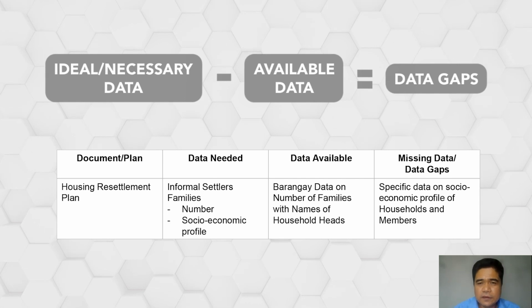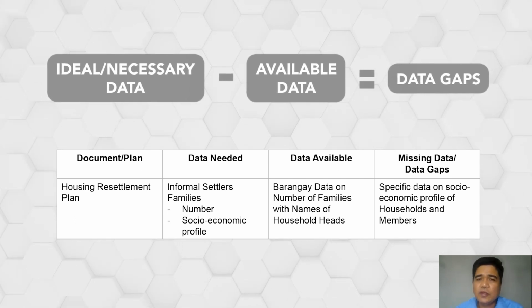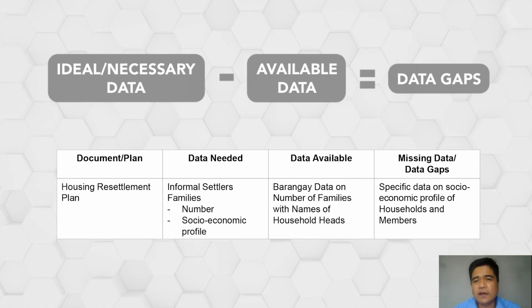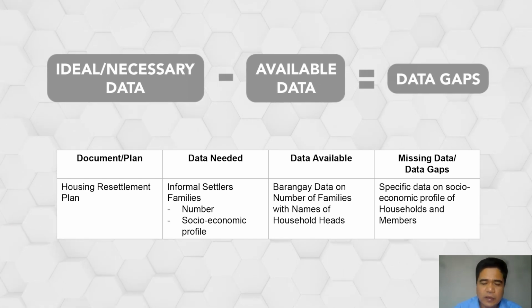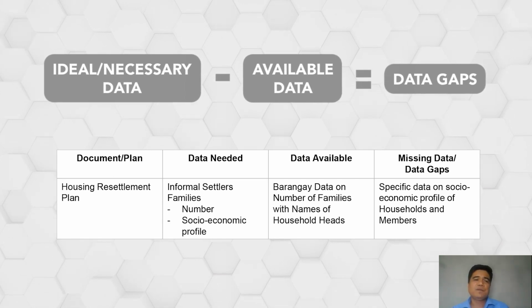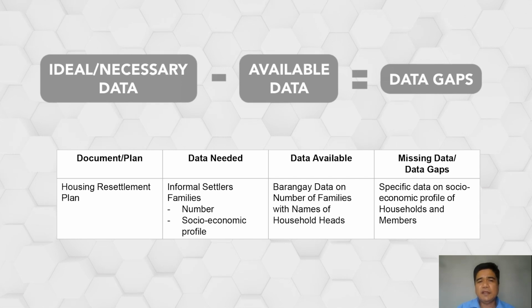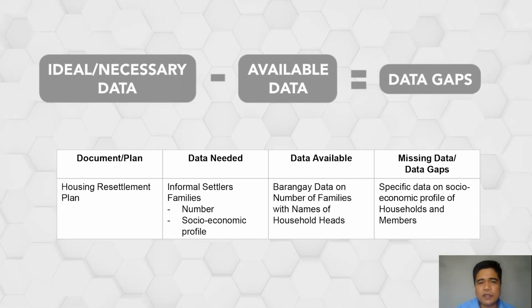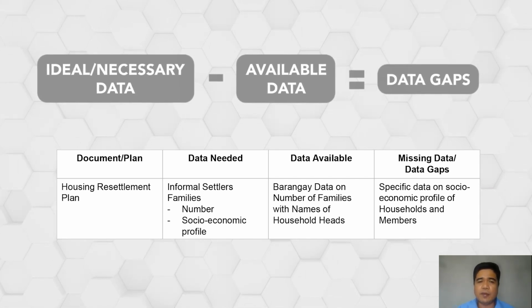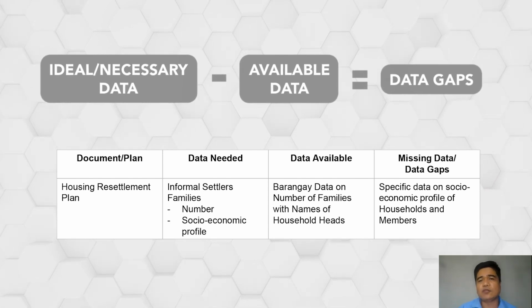And then we go back to our inventory. We provide what data are available. And then we list the missing data or data gaps. For example, in a housing resettlement plan, the data needed include, among others, the informal settler families, their numbers, socioeconomic profile, and so on and so forth.